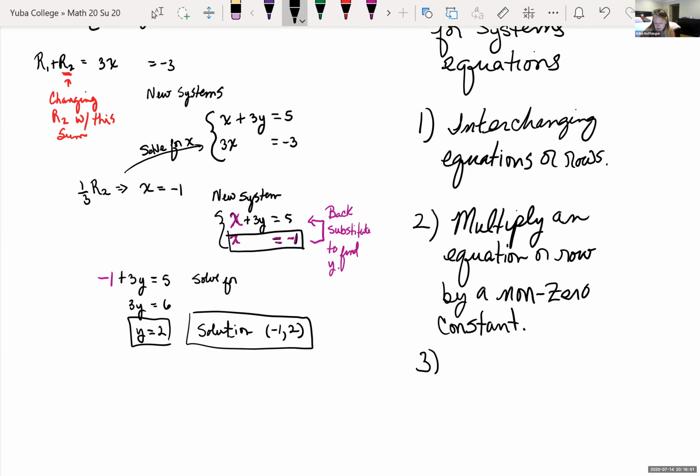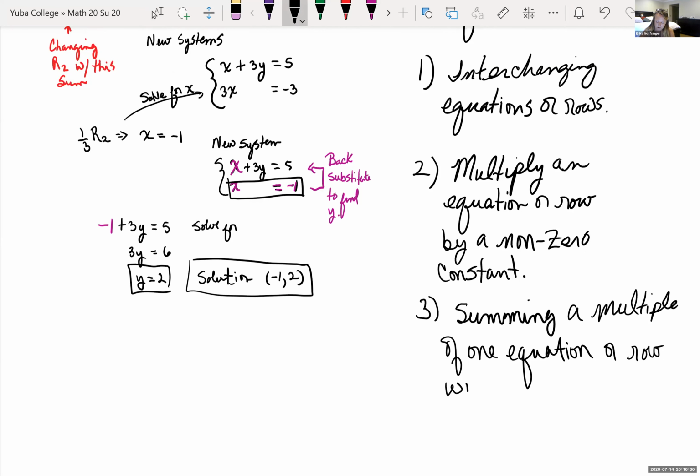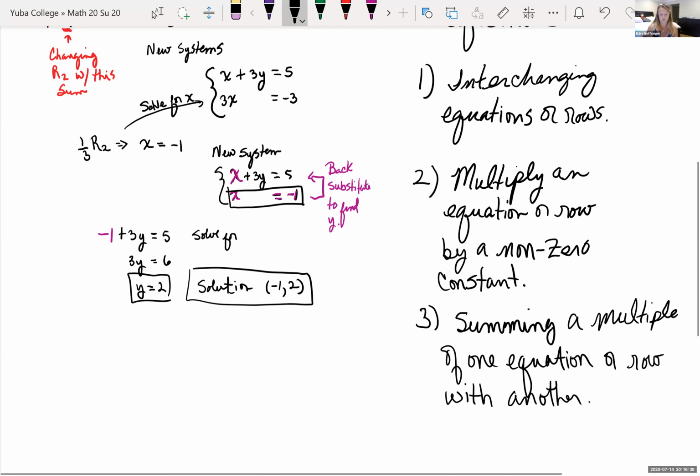So summing a multiple of one equation or row with another. And that's what our first step was.